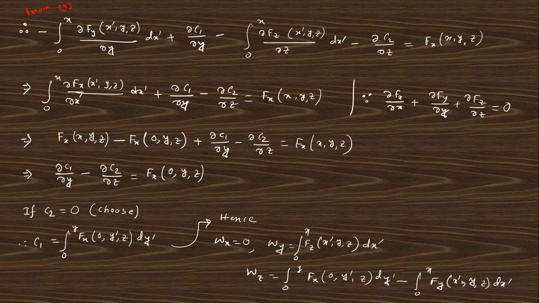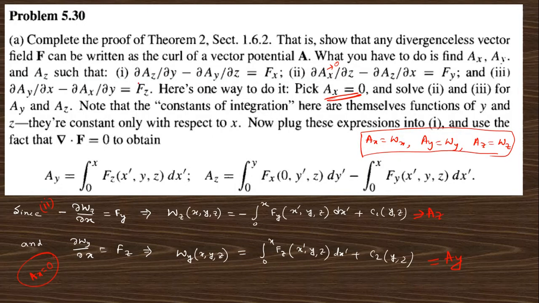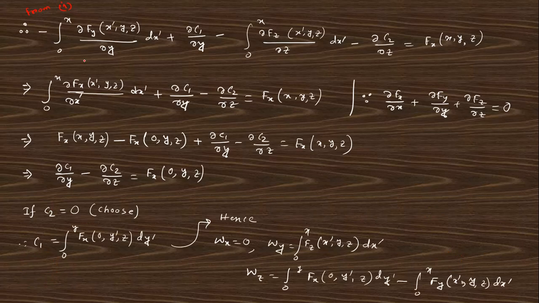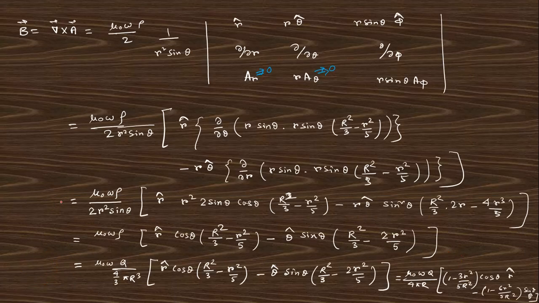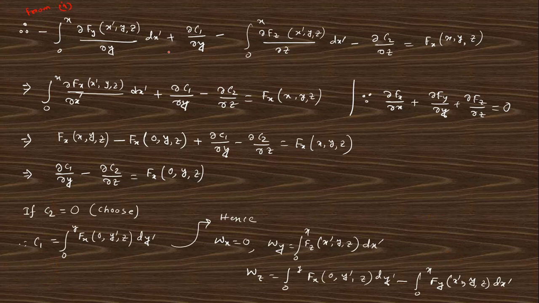If you put this value in equation 1, you can see ∂Az/∂y minus ∂Ay/∂z equals Fx. So the derivative of Az with respect to y is the first term, and the second part is the derivative with respect to z. So from equation 1 you get this equation.